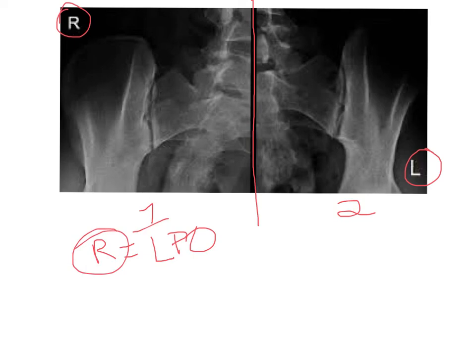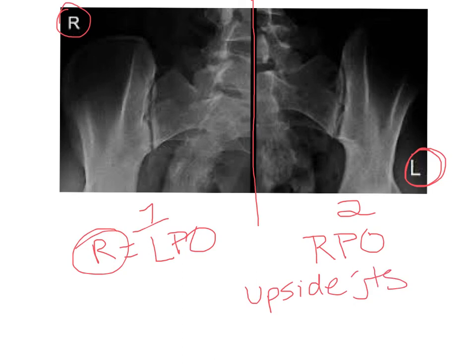Therefore, if we are looking at the left-sided SI joint, then this must be an RPO. Again, you're looking at the upside joints. So RPO is for left SI joints, LPO is for right SI joints.